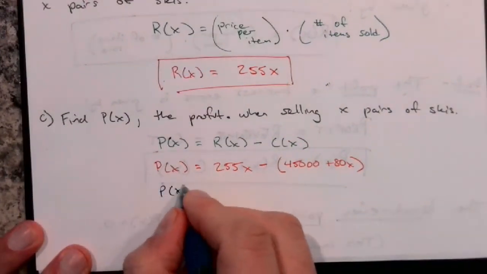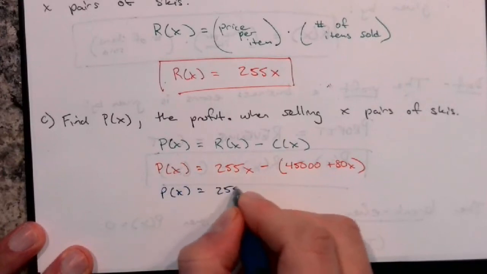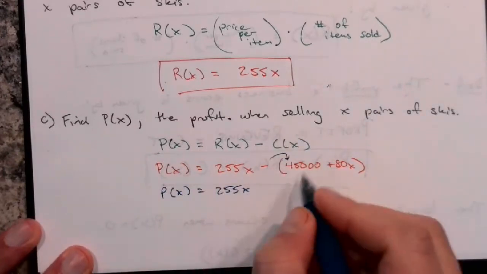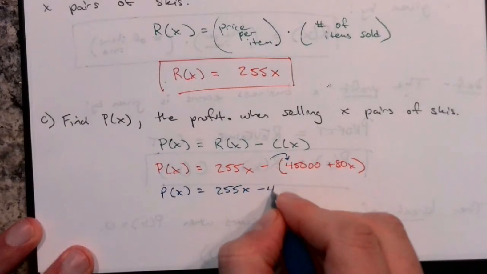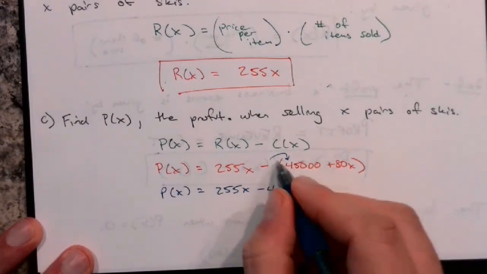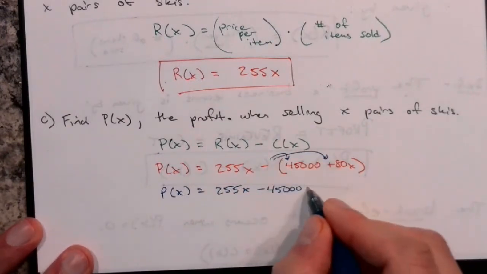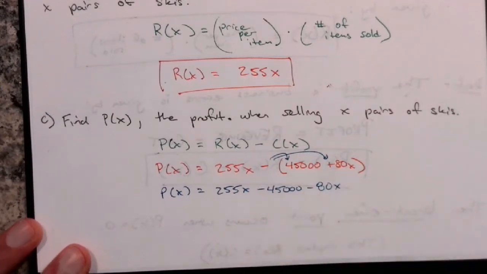And then to simplify this, we will distribute this negative 1 through, right? So we end up with P of X equals 255X, negative 1 times positive 45,000 is negative 45,000. Negative 1 times a positive 80X is negative 80X.